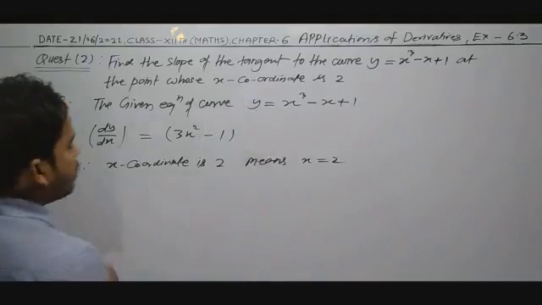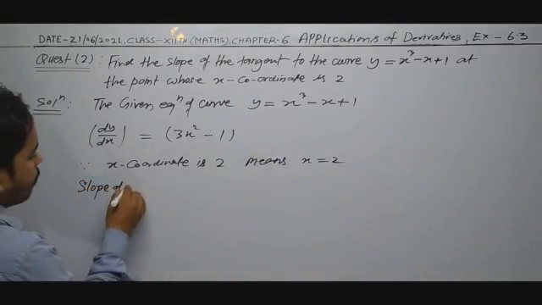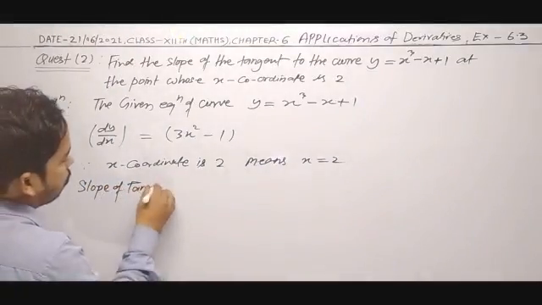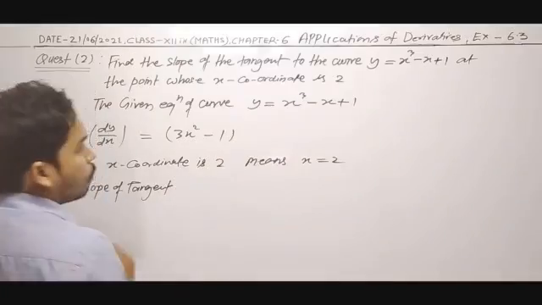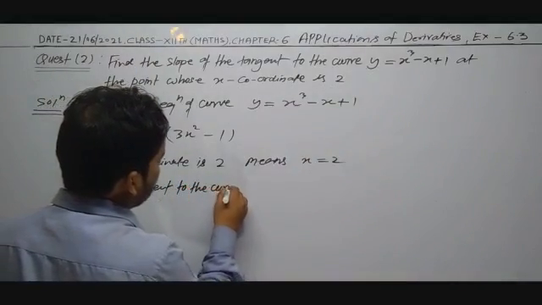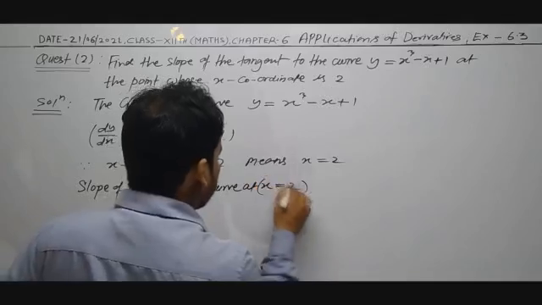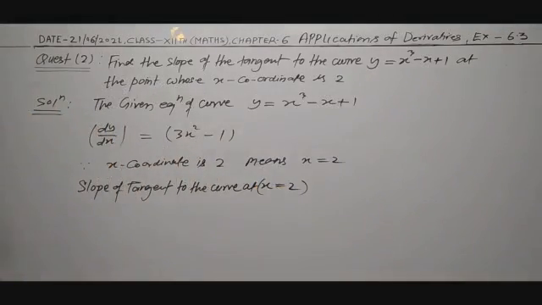Slope of tangent to the curve at x is equal to 2, what will be the result?